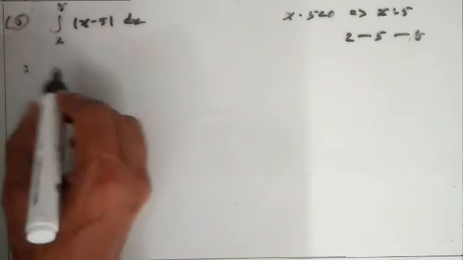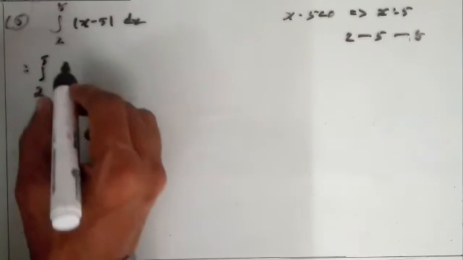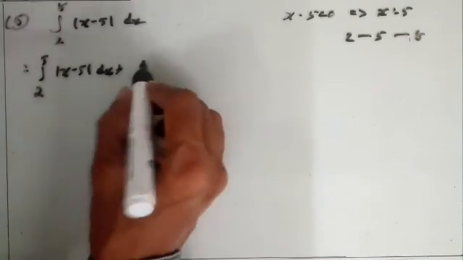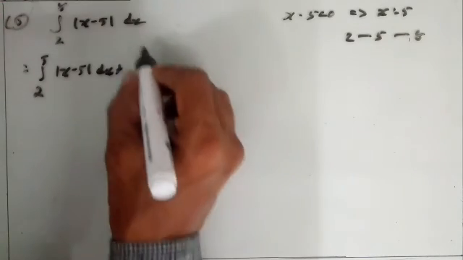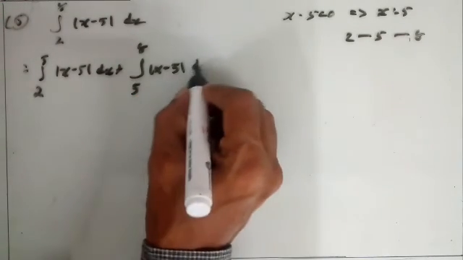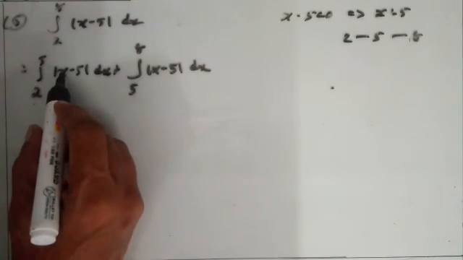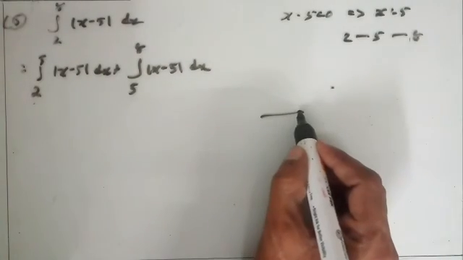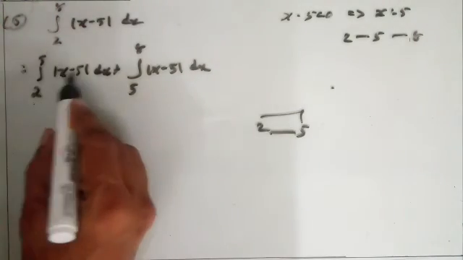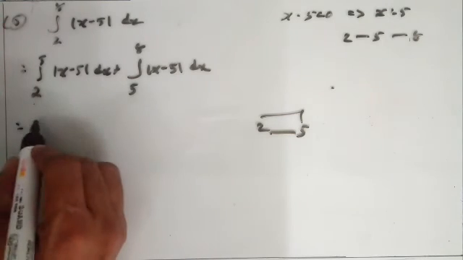So this becomes integral from 2 to 5 of mod of x minus 5 dx plus integral from 5 to 8 of mod of x minus 5 dx. Here, for x less than 5, x minus 5 becomes negative, so mod of x minus 5 becomes negative.